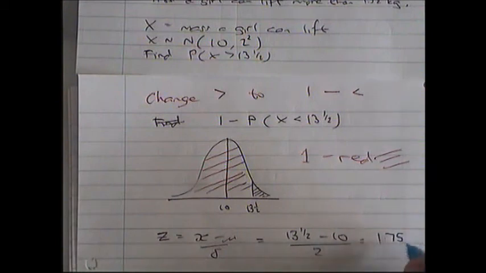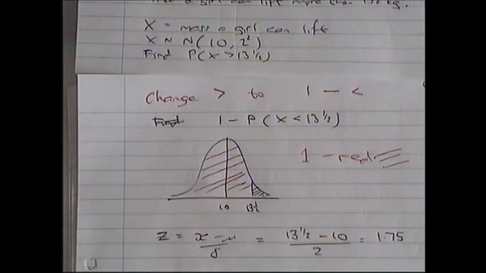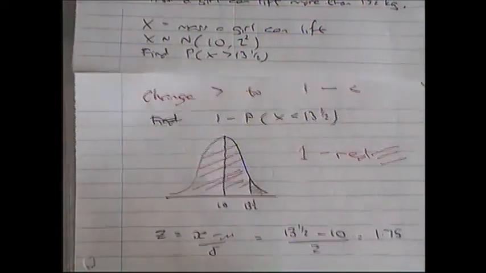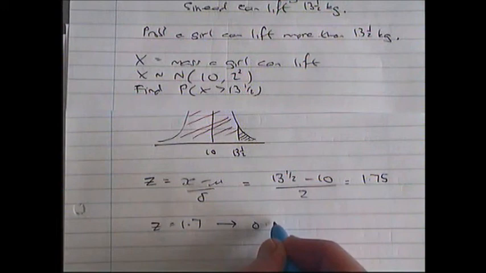What does that come out to be? 1.75. So what we need to do now is go to our tables and find z is 1.75. First of all, you can find 1.7 really easily. 1.7 is listed down the side. When you find z is 1.7, can anybody tell me what the probability is? 0.9599.